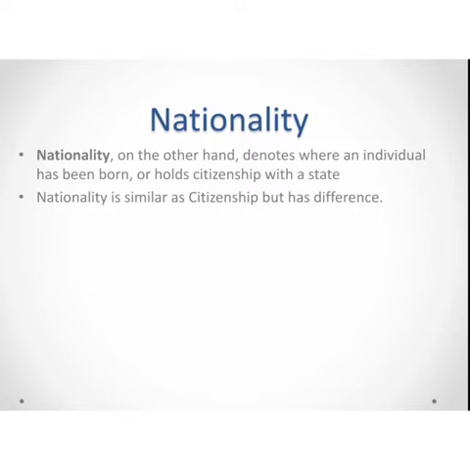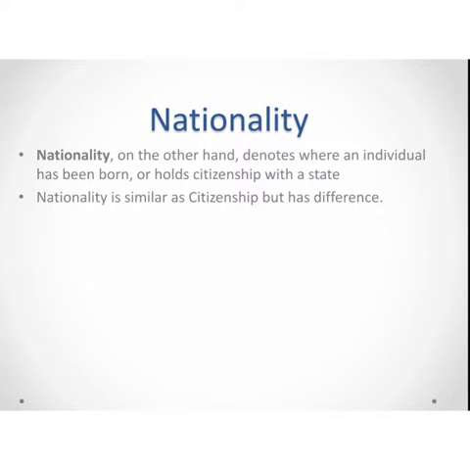A person can be a national of one country having citizenship of a different country. For example, an Indian national can acquire citizenship in the US and he may reside in the US, but in case any problem happens to that person, sometimes the US may declare him an alien enemy, persona non grata. So what happens to that person?